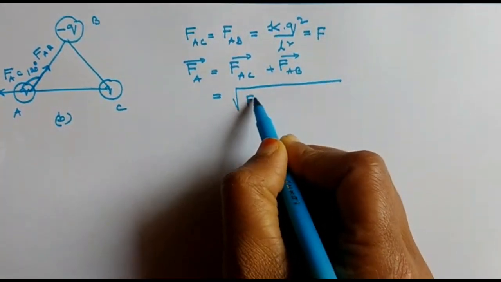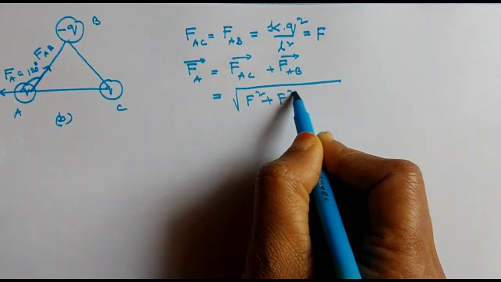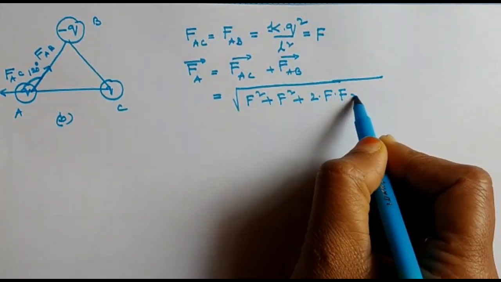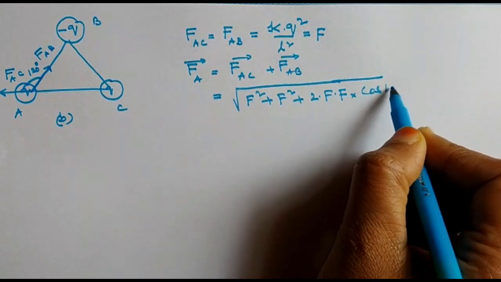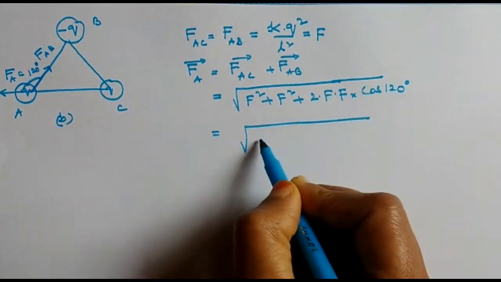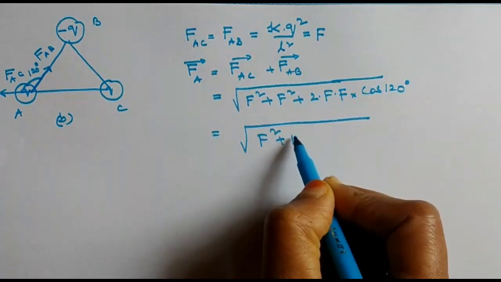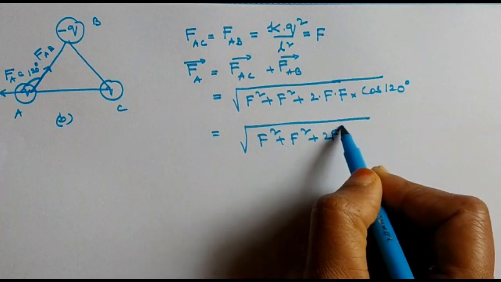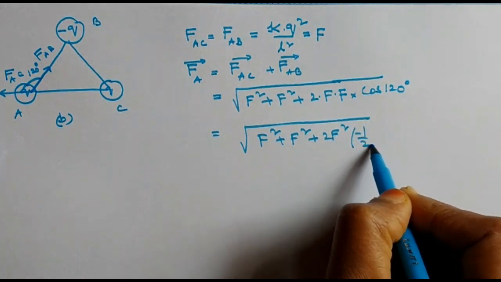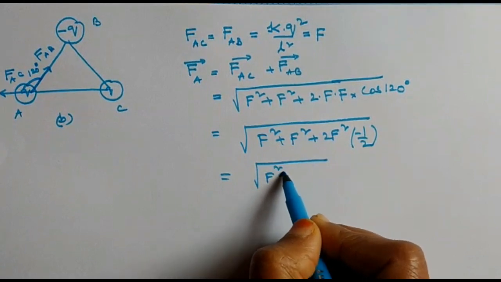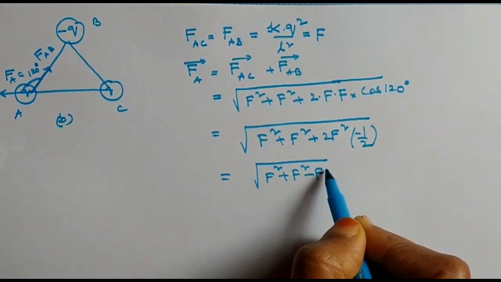Under root F square plus F square plus 2 into F into F into cos 120, which is minus half. So under root F square plus F square plus 2F square into minus 1 by 2. You will get the answer root over F square plus F square minus F square.